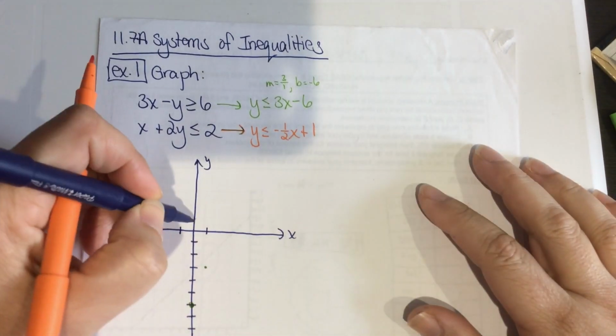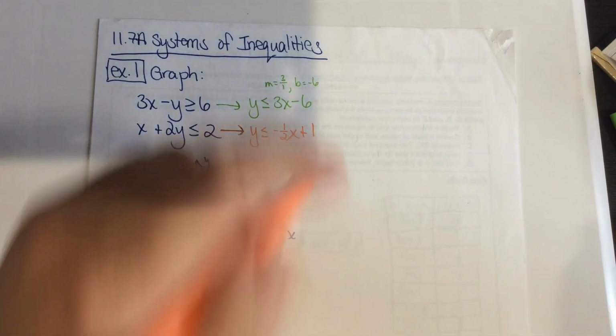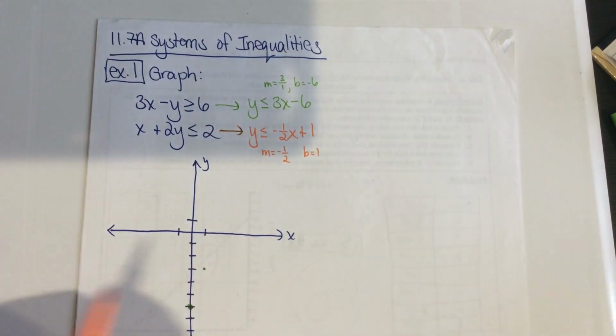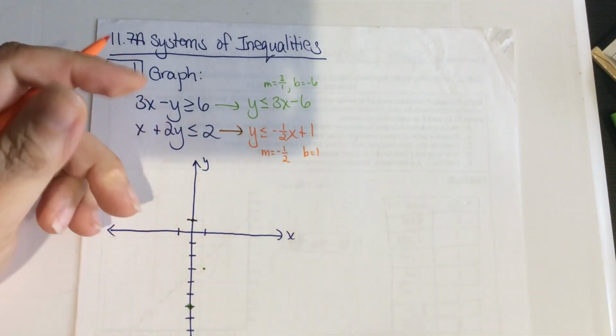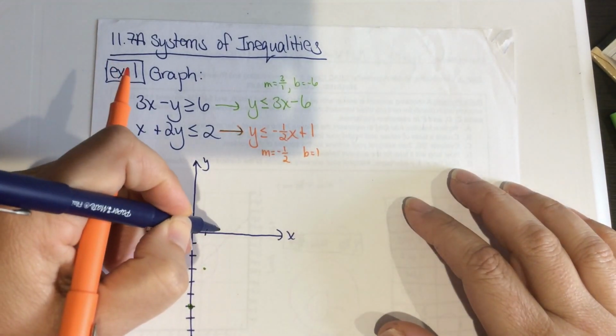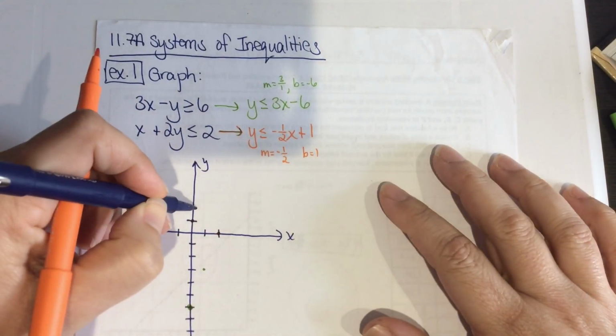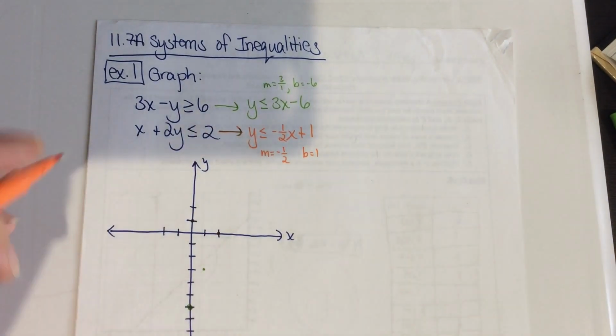So the orange one has a y-intercept of 1 and a slope of negative 1/2. So we're going to start at 1. We're going to go down 1 and right 2, or up 1 and left 2.